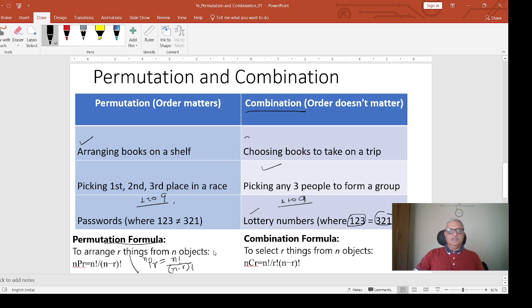Whereas the formula of combination is denoted by nCr, and it is n factorial upon r factorial into n minus r factorial. So these are the formulas of permutation and combination.